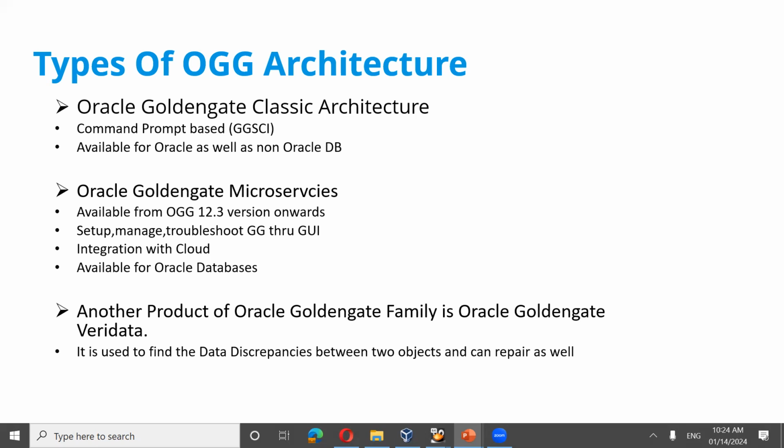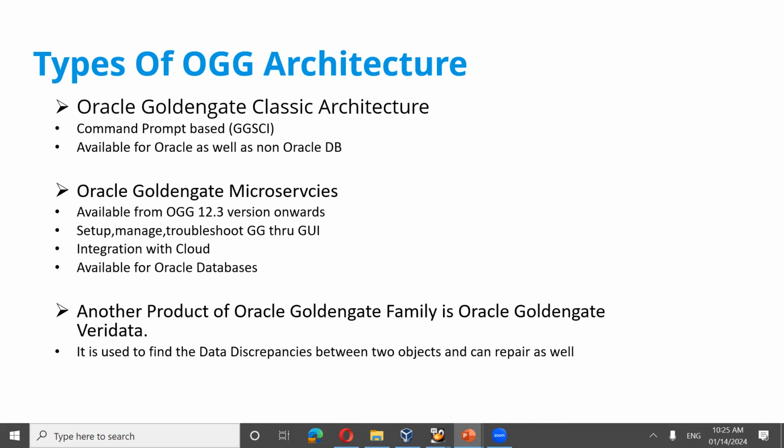Okay. Now, if you have worked on it, do you know anything about GGSCI? So I'll tell you. Goldengate was founded in 1995 and it was named after the famous San Francisco Golden Gate Bridge. It wasn't Oracle Goldengate at that time, it was only Goldengate. In 2009, Oracle took it over and since then it is known as Oracle Goldengate.